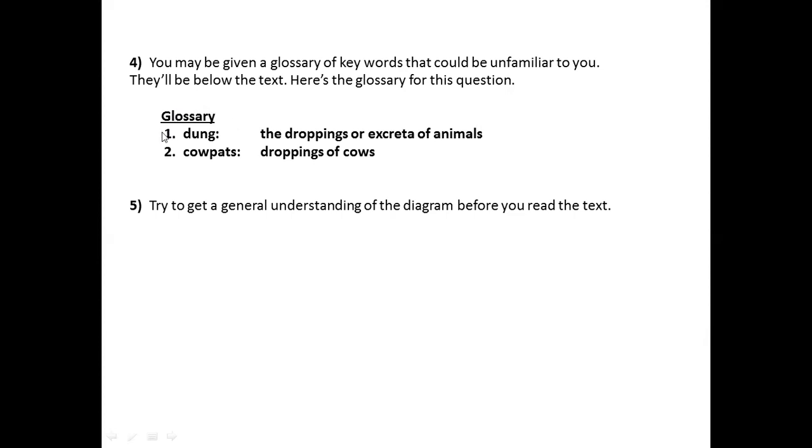Sometimes you can be given a glossary. A glossary is the words you shouldn't know, right? For example, dung is the droppings or excreta of animals, so-called poop, okay? Poop of animals. So copads, droppings of cows.